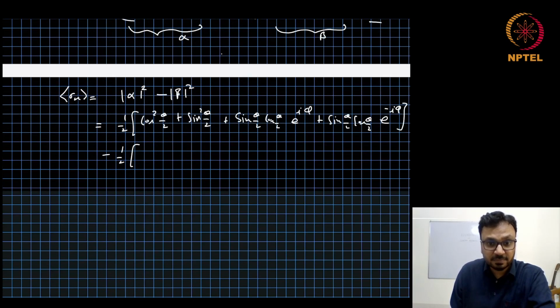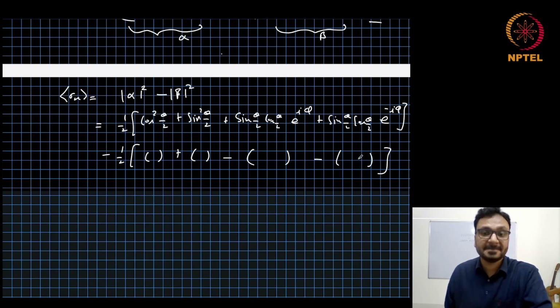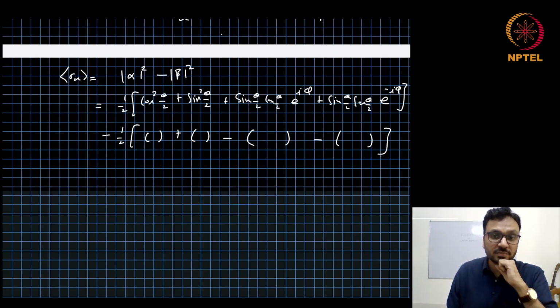So we'll get the same terms, plus, then minus the same terms. But the minus sign will come with just these two terms, otherwise the magnitude is the same.